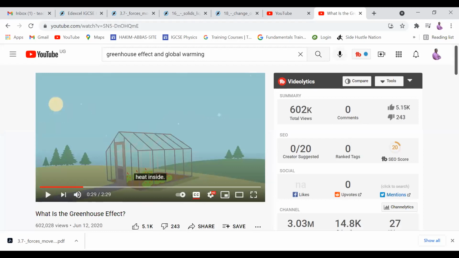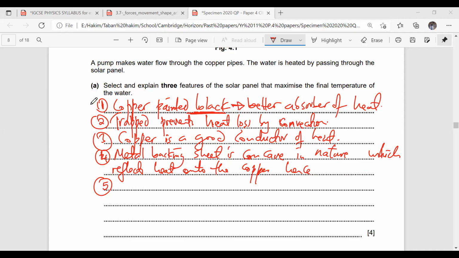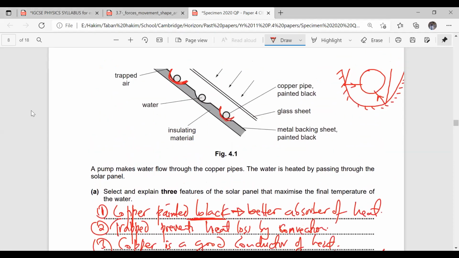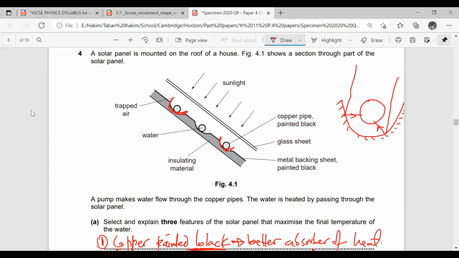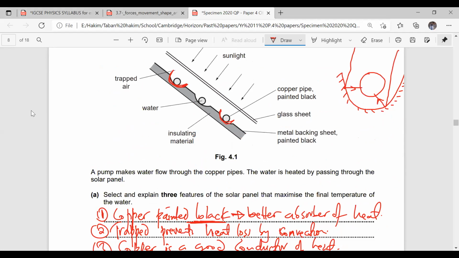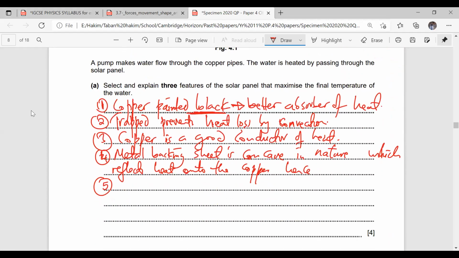Now, coming back to our discussion here, the reason we have the glass there is also to increase the effect of warming up. So glass traps heat.